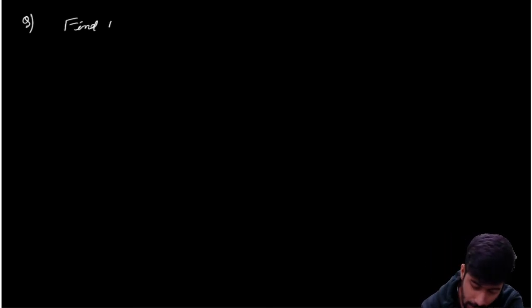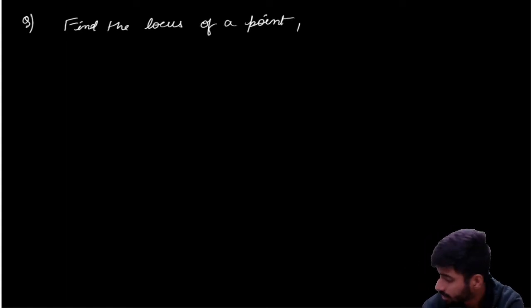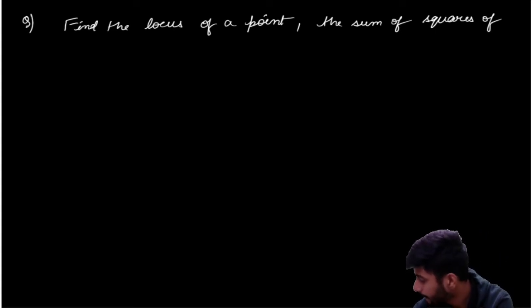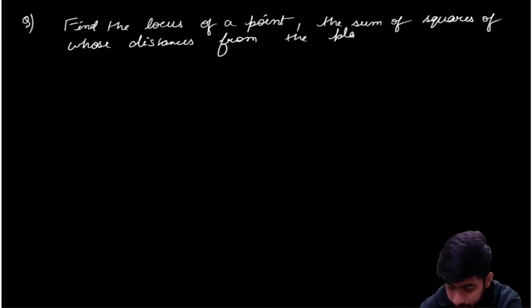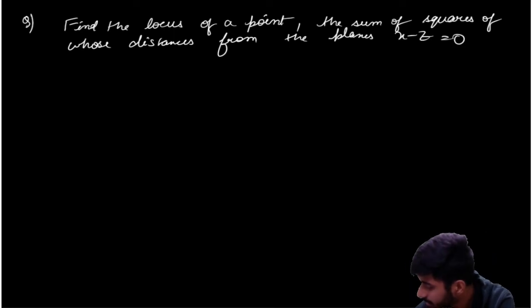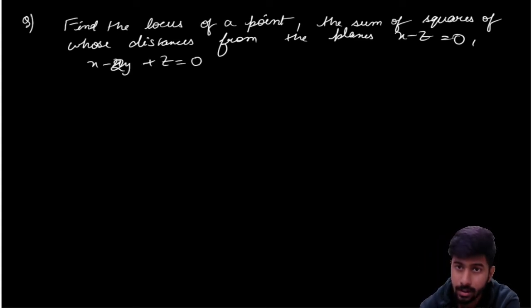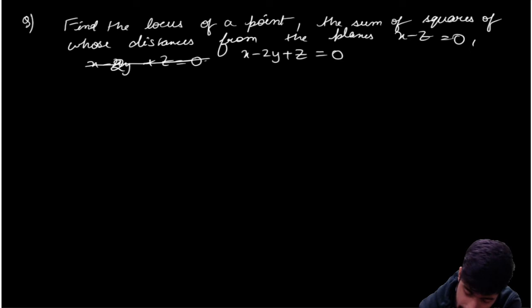Find the locus of a point, the sum of squares of whose distances from the planes x minus z equal to 0, x minus 2y plus z equal to 0, and x plus y plus z equal to 0 is 36.